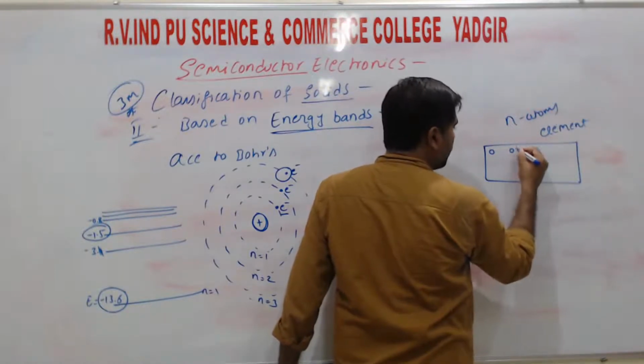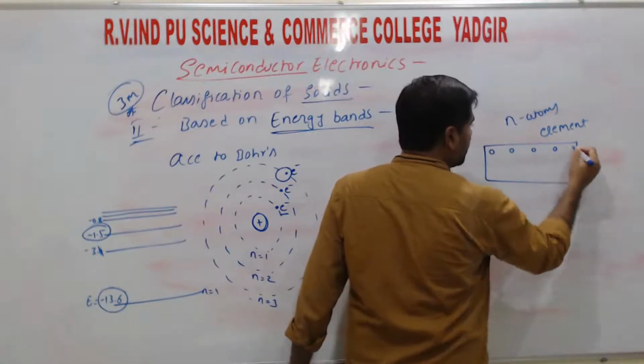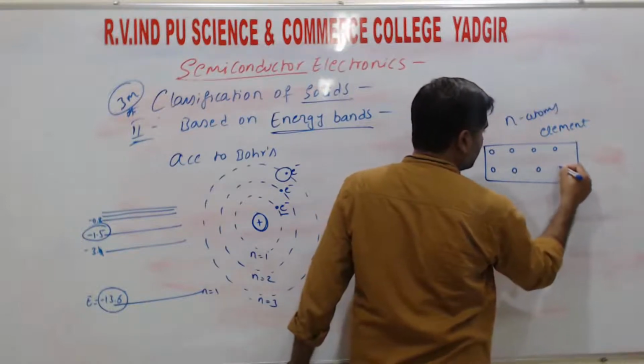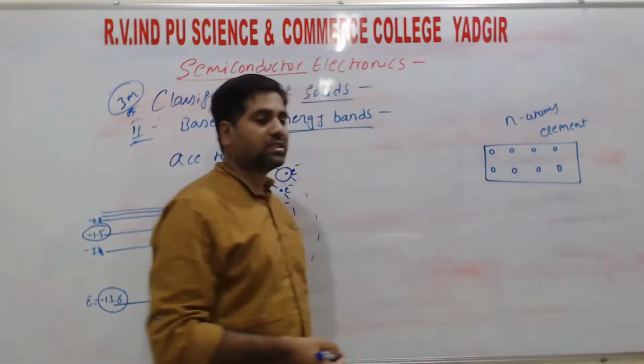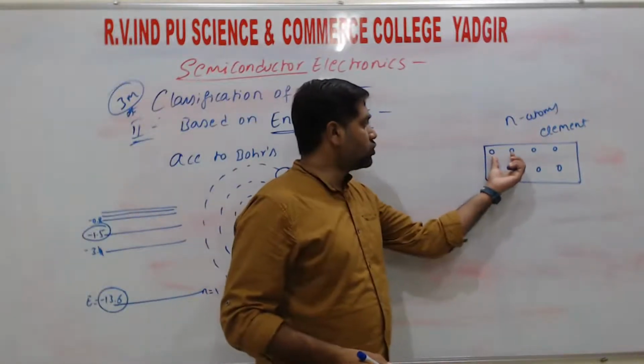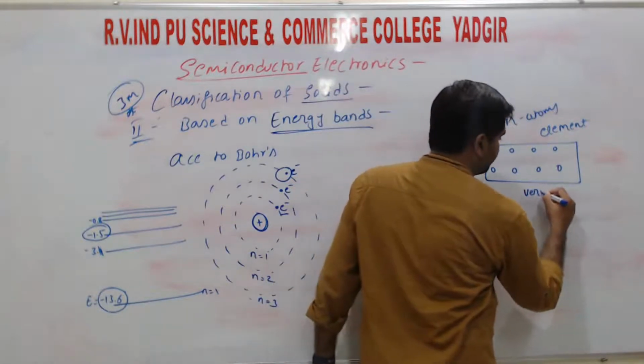Each atom is at a very large distance from the other atom. So these are the atoms which are present in the element, placing these atoms at a very large distance, right?